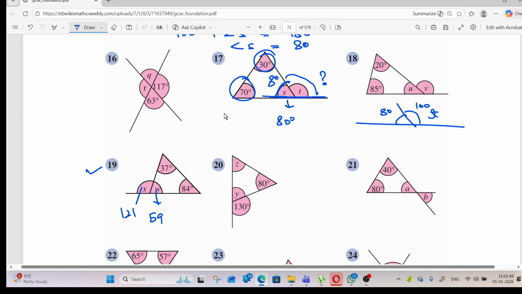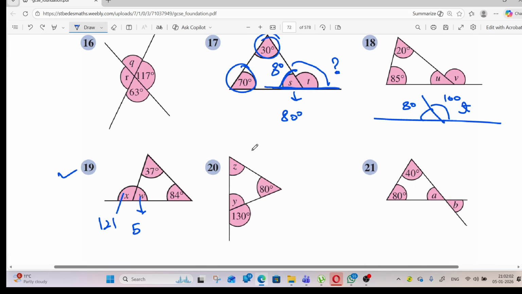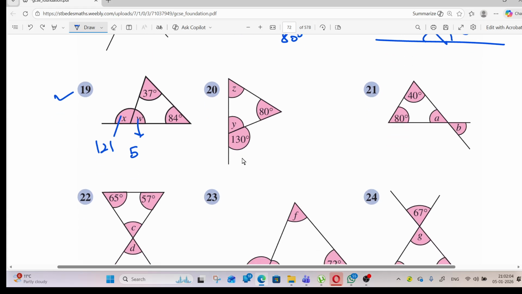Now if you notice this number 20 here, these two interior angles, y and z, are not given, right? So first of all, because you know this is a straight line, angles on a straight line add up to 180. If you know this is 130, how much is angle y going to be?